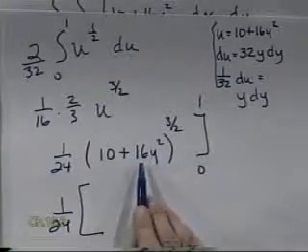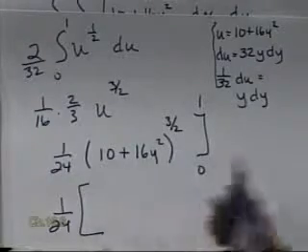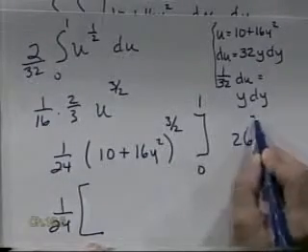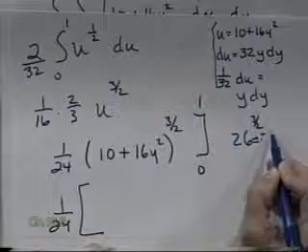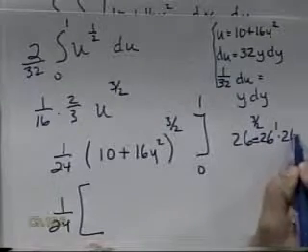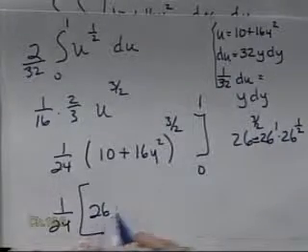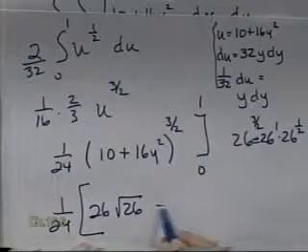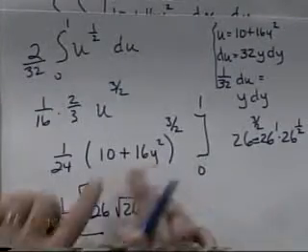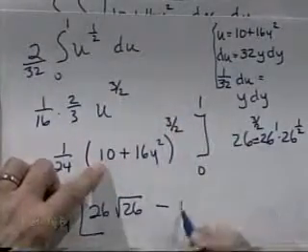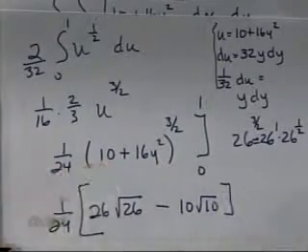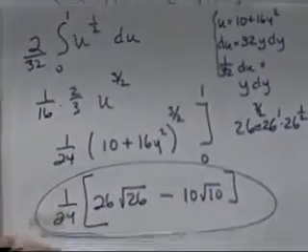Popping in a 1, 16 and 10 is 26. And again, 26 to the 3/2 you could write as 26 to the 1 times 26 to the 1/2, which would give you 26 times root 26, minus, popping in 0, you get 10 to the 3/2, which is nice to write as 10 root 10. And there's our final answer.